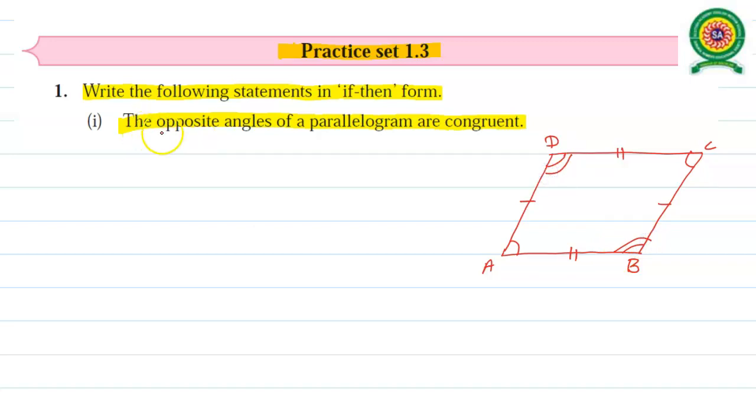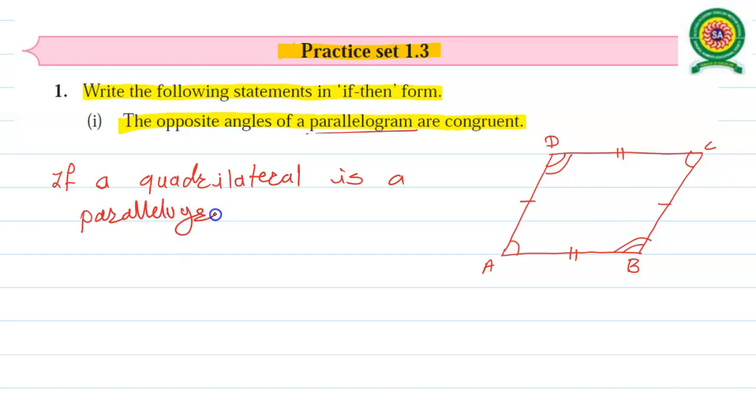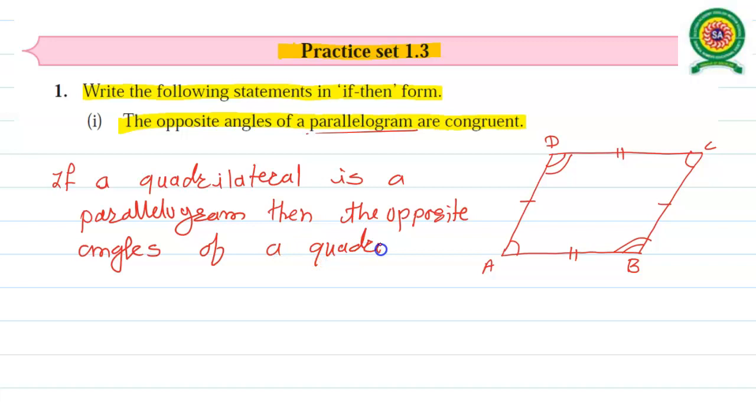So the if-then form of the given mathematical statement is: if a quadrilateral is a parallelogram, then the opposite angles of a quadrilateral are congruent.